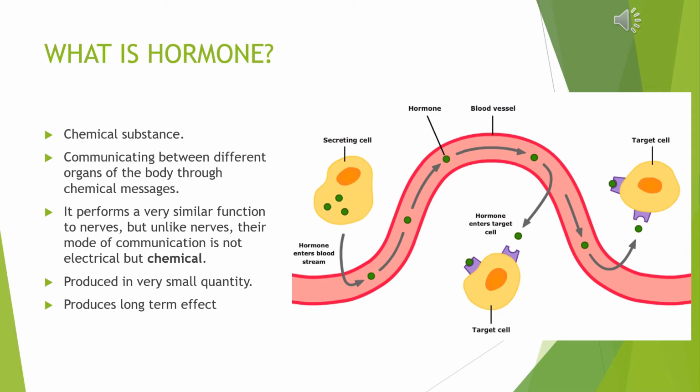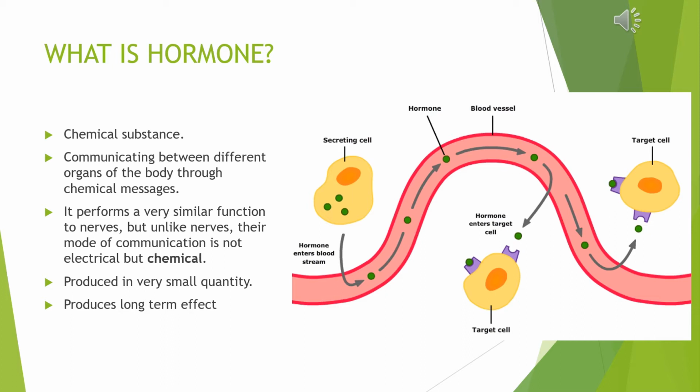in the desired organs. How does the hormone work inside the body? We have already said that the cells or structures that secrete the hormone are called hormone-secreting cells or glands. As we can see in the picture, from the secreting cell, the green colored chemicals, which are the hormones, are secreted, and after being secreted from the gland, they enter into the pink colored structure, which is the blood vessel, the bloodstream or the blood capillary.